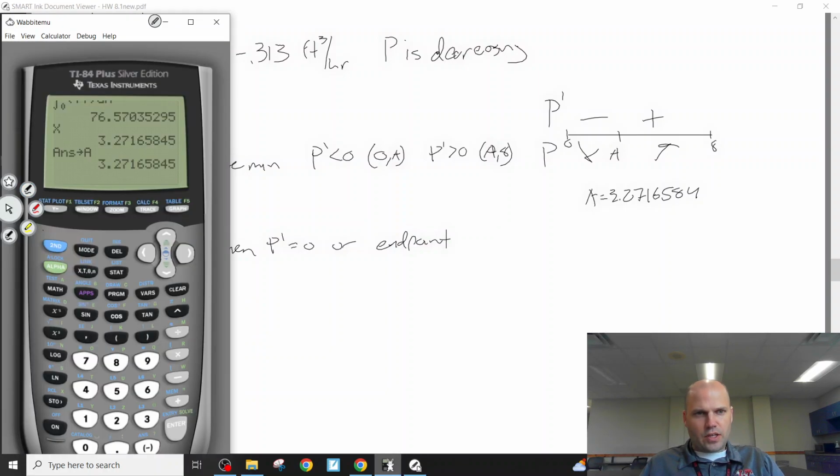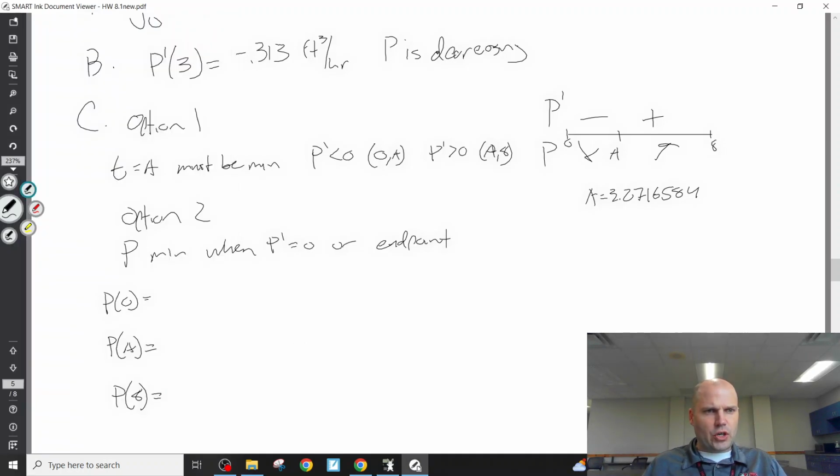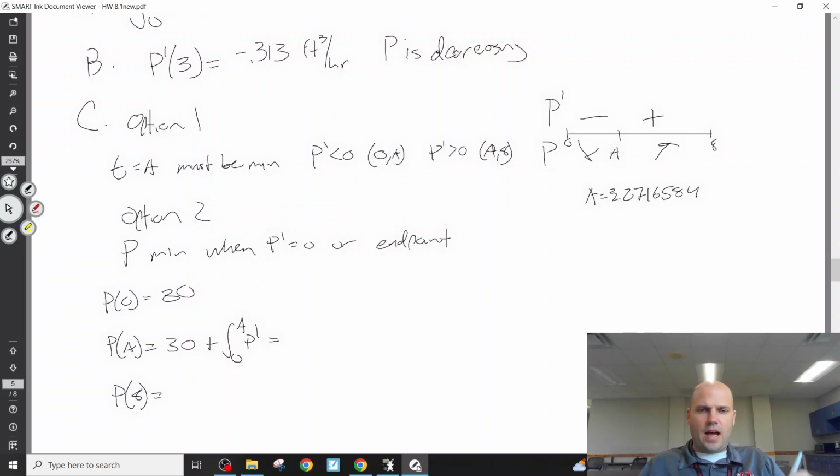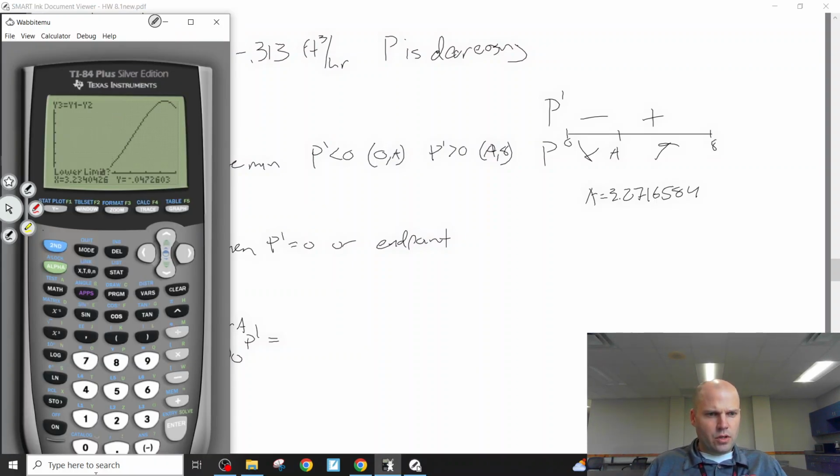You find them all. Let's go into our home screen to do this. Or, I don't know, maybe you keep it here. A lot of you have been using the integral. P of 0 is 30. You need to list this. P of A is P of 0 plus the integral from 0 to A under P prime. You could have this in two different integrals if you want to. You can go 0 to A of R minus 0 to A of D. But if this is P prime and this is your velocity, a lot of you have been doing 0 as a lower limit, A as the upper limit, and just use this value like that.